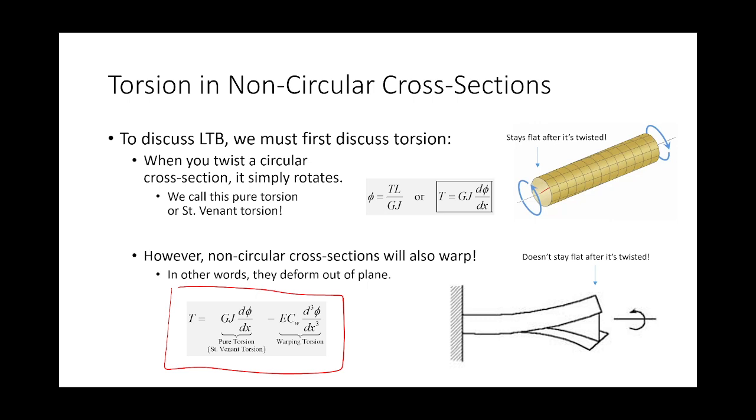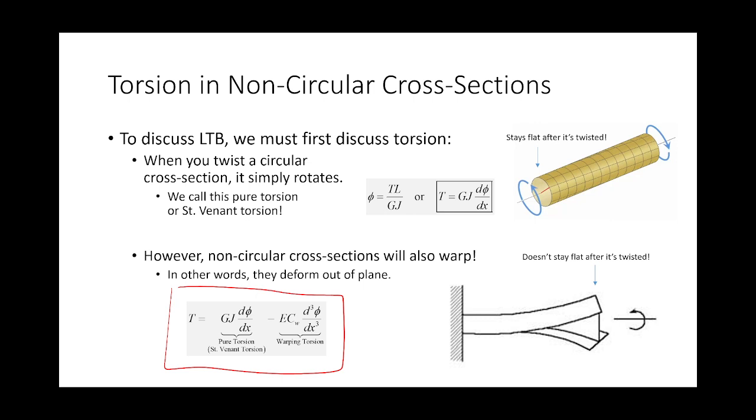Open up Table 1-1 and you will see J's and CW's listed for I shapes. Now because of the derivatives, CW, the units are actually inches to the sixth, and they are big numbers, but it's because of the relationship of the derivative. But yeah, we actually don't end up using the J and we don't end up using the CW values directly. We do use the J values, but you'll see how that works here in a second.